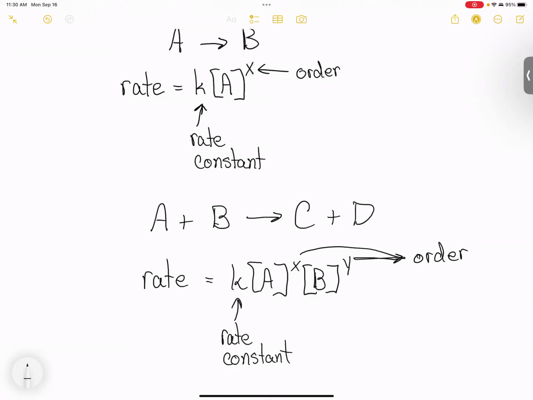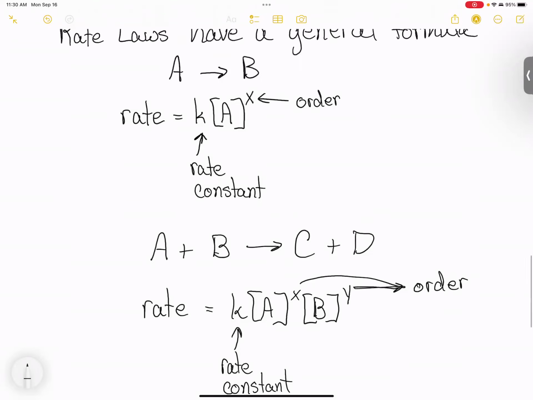Now, let's talk about some things that you may or may not notice when we deal with a rate law. The only thing that goes into the rate law are the reactants. So up here, A was my only reactant.